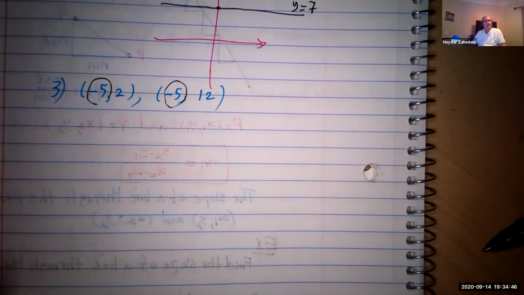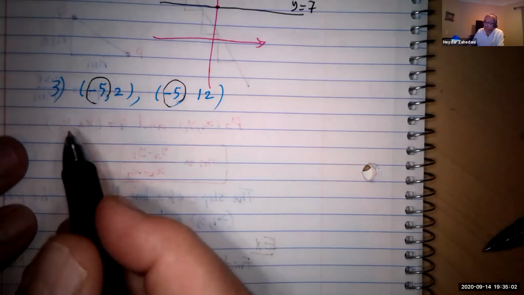When it's vertical, that's the worst case. If you have a vertical staircase, how are we going to climb? How are we going to go up? It's almost impossible. So in that case, we say that the slope is undefined. This, in fact, is infinity.